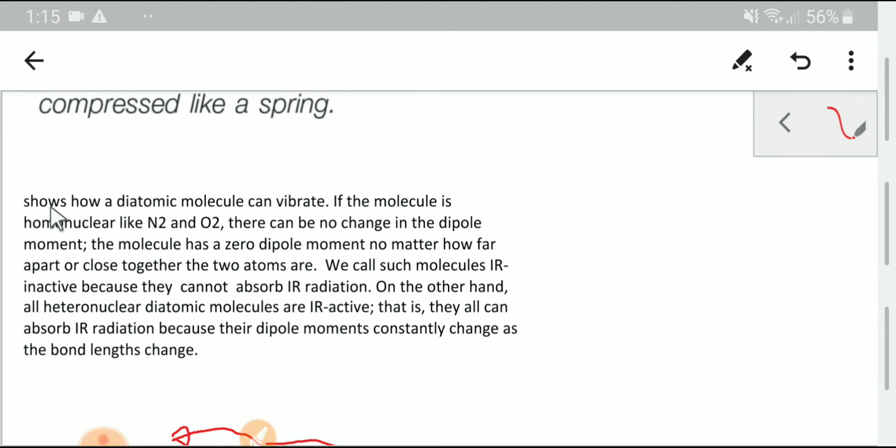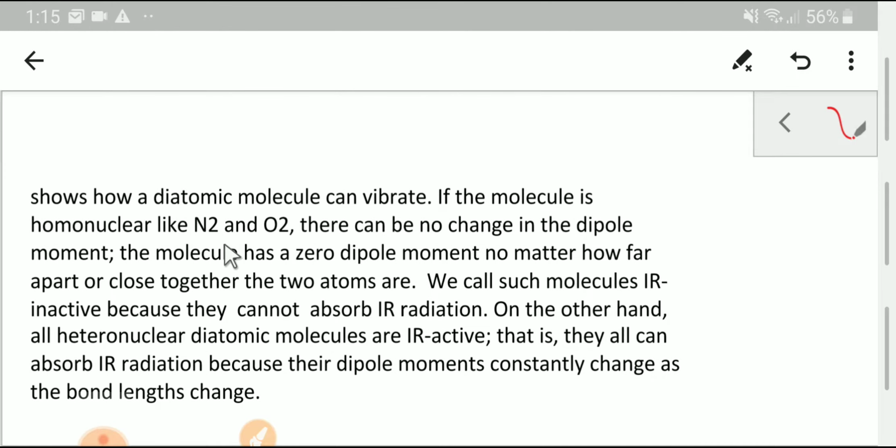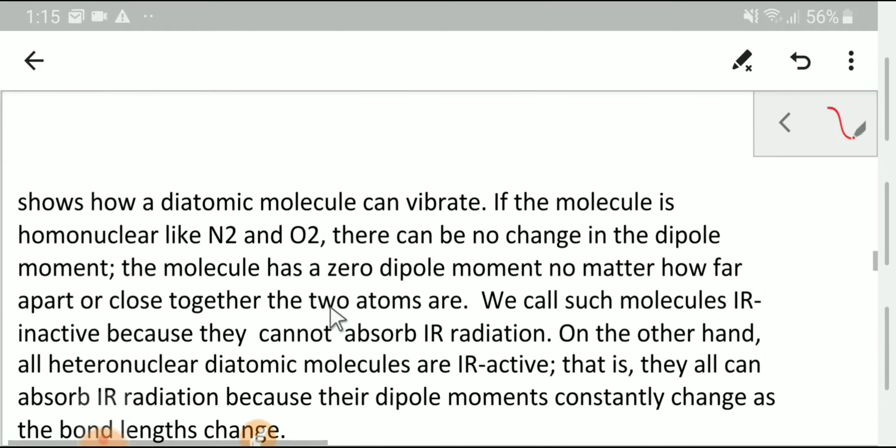The above picture shows how a diatomic molecule can vibrate. If the molecule is homonuclear, like nitrogen and oxygen, there can be no change in the dipole moment. The molecule has a zero dipole moment no matter how far apart or close together the two atoms are.